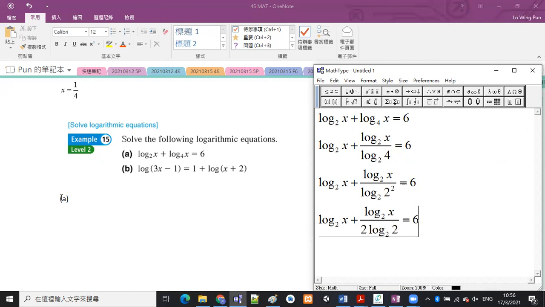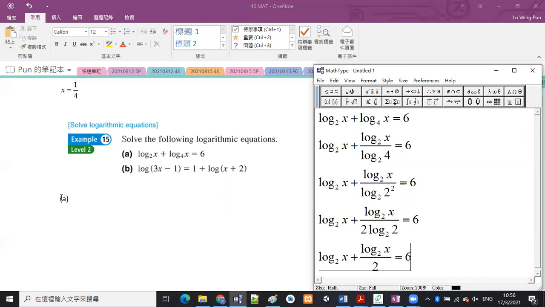But we know that this log 2 base 2 is in the format of log a base a. That will be changed to 1. So that should be 2. Okay? And you see that these two terms are actually like terms.